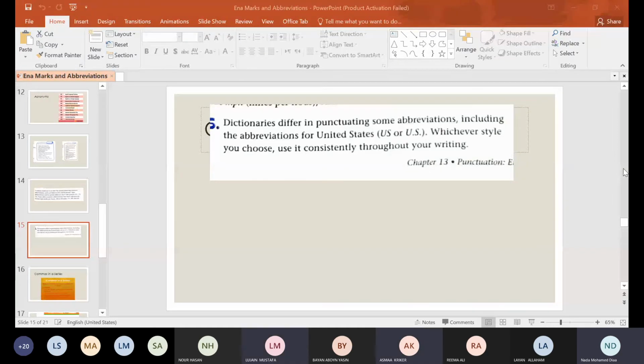Asma? Yes, miss. I opened the book grade 11 instead of yours. So, okay, wait a minute. I'm writing. This is 10 and this is 11. Okay, Asma, number 1.